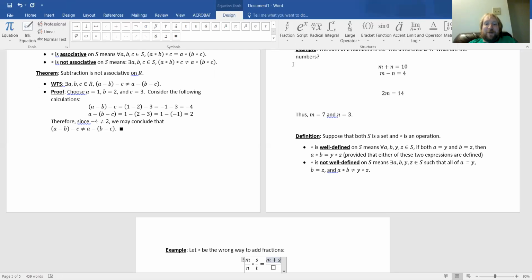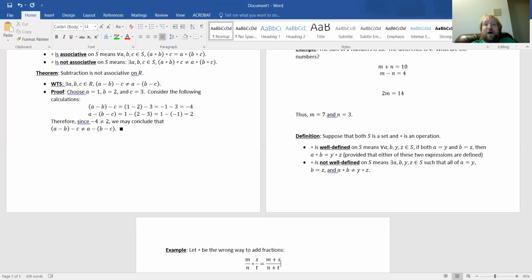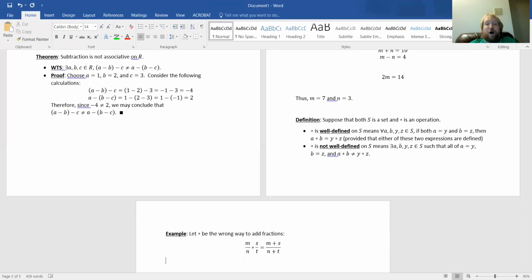So m plus s over n plus t. It's how you don't add fractions, but how you would add them if you didn't understand how. Of course, it is correct to multiply across the tops and bottoms when multiplying, but when adding you have to get a common denominator. But let's look at, in its own right, the operation of combining two fractions by adding their tops and adding their bottoms.